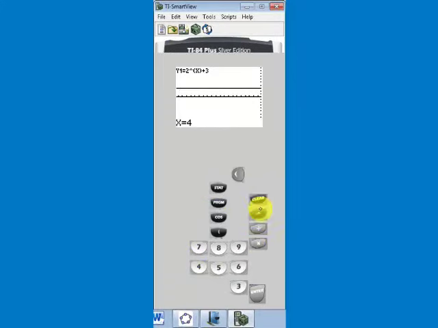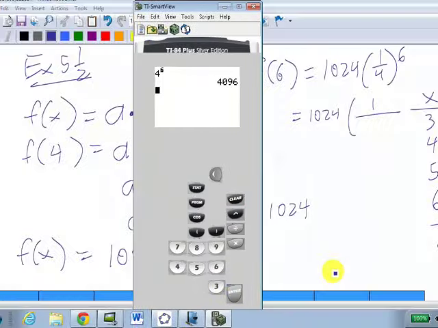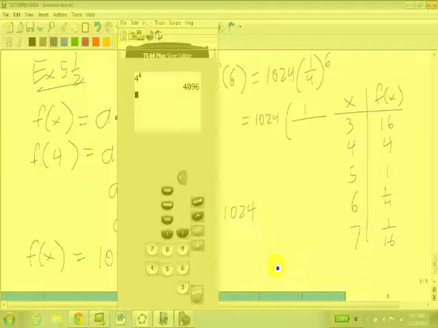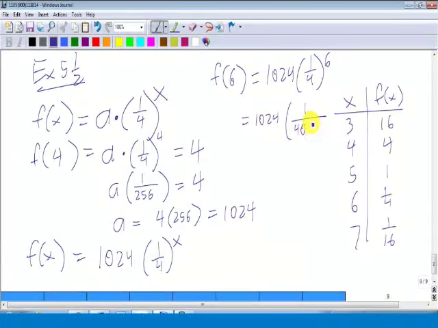All right, calculator. 4,096. Really, is that all it is? I guess so. Is 1,024 over 4,096 equal to 1/4? I think it is.